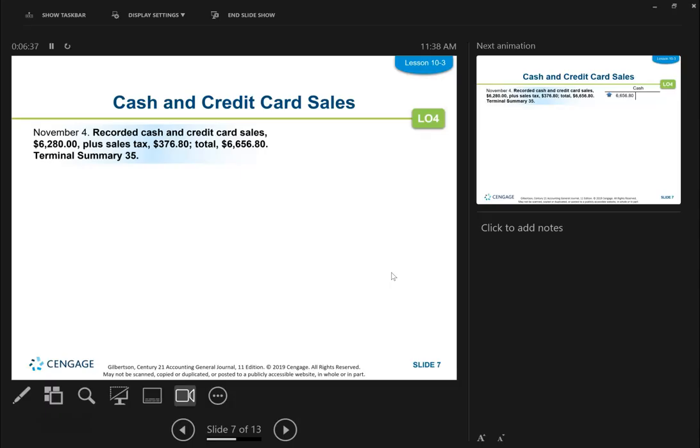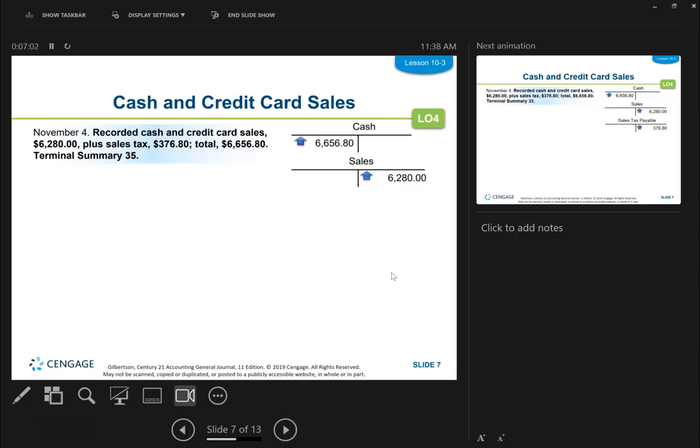Our document was the terminal summary number 35. Again, cash is coming in, because credit card, debit card, and cash are all treated the same as far as we're concerned, because we get the money almost instantly. So that's the total of cash that's come in.